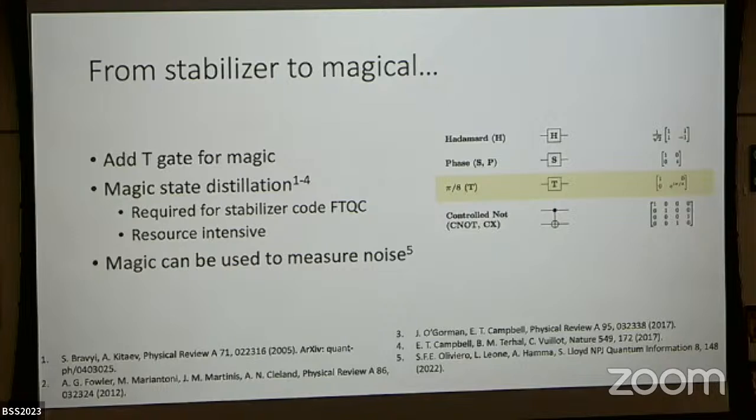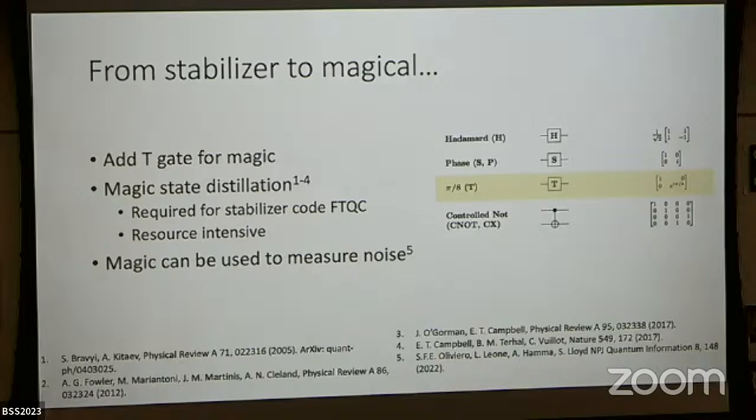So you start with a bunch of magic states that are noisy and don't have much magic, and you distill them down into a nice magic state that has the resource that you need in order to do universal fault-tolerant quantum computation, which generally is in a stabilizer code, right? Stabilizer code uses stabilizers, Cliffords, so they can't add magic. So you have to start with a magic resource. That's what magic state distillation is trying to do, give you that resource to begin your computation.